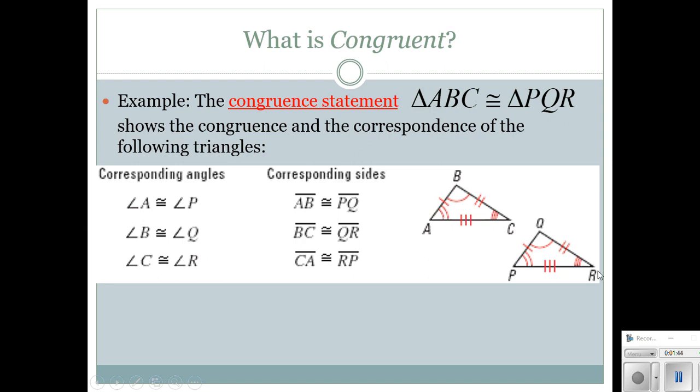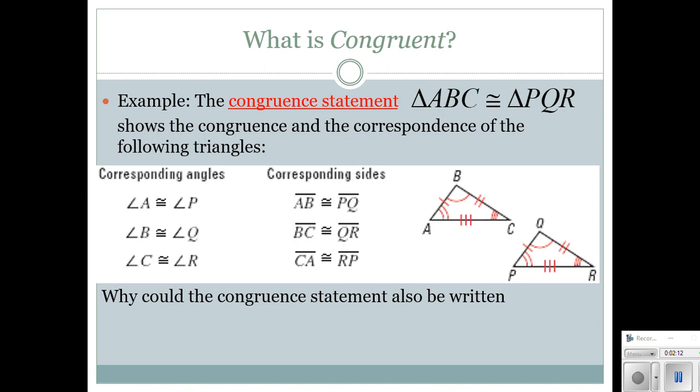BC is congruent to QR. You see two tick marks. That is an indicator for congruent. And then you see AC is congruent to PR, which is three tick marks. So if you see these markings, you can see which ones are corresponding, which ones are congruent. These tick marks and these angle curves are indicators of congruent angles and sides.